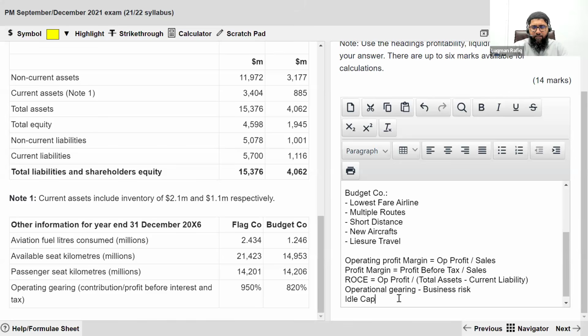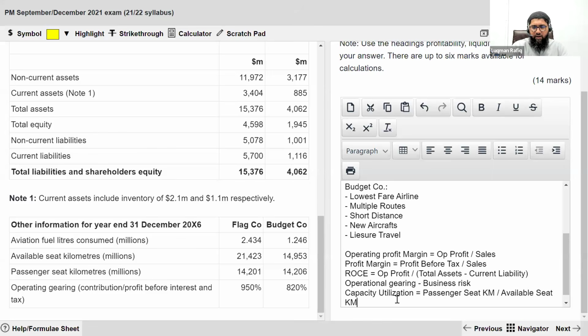Idle capacity. Okay, you could say capacity utilization is going to be passenger seat kilometers divided by available seat kilometers.